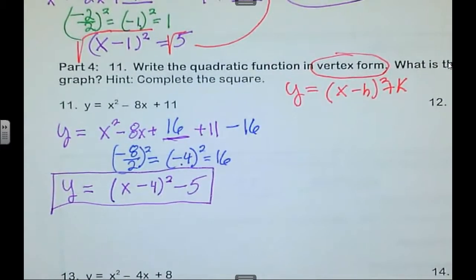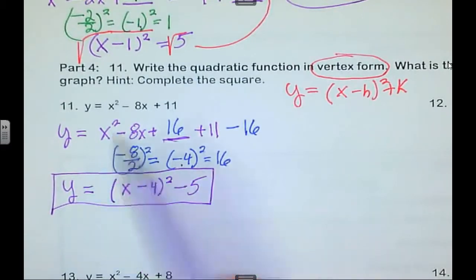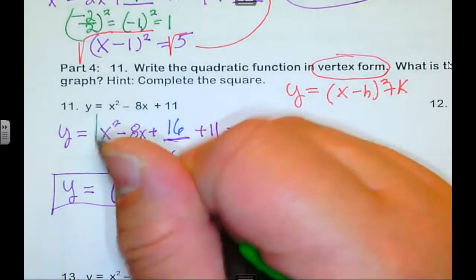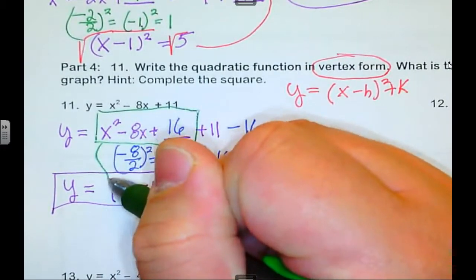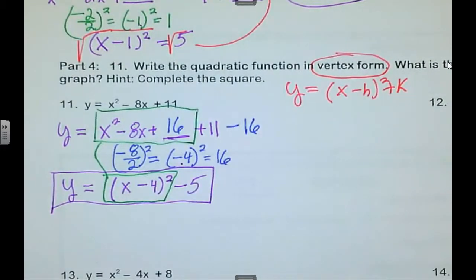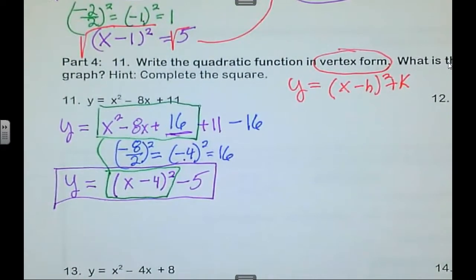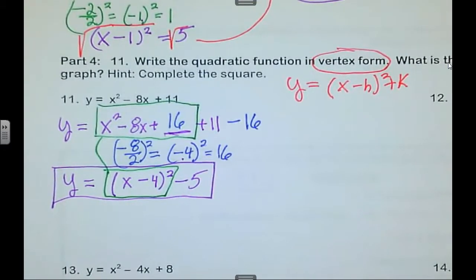Isn't that cool? Here, this is my perfect squared trinomial. That becomes this. Okay? I think we need to do another one of these. Let's do number 12.